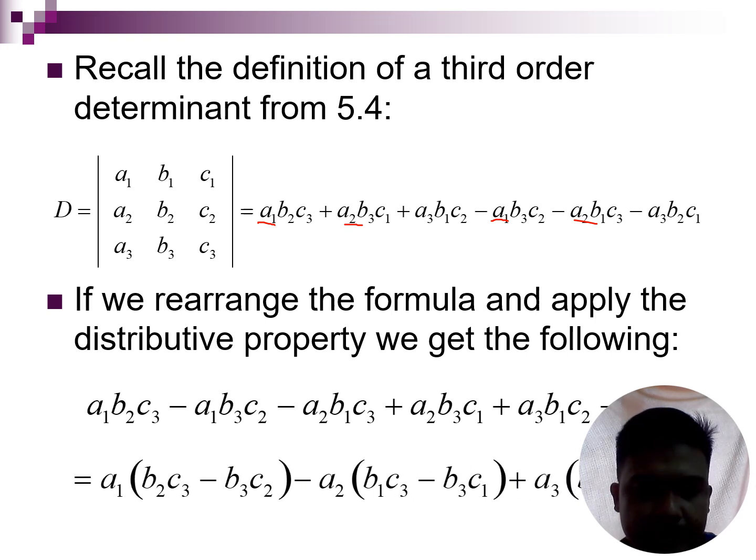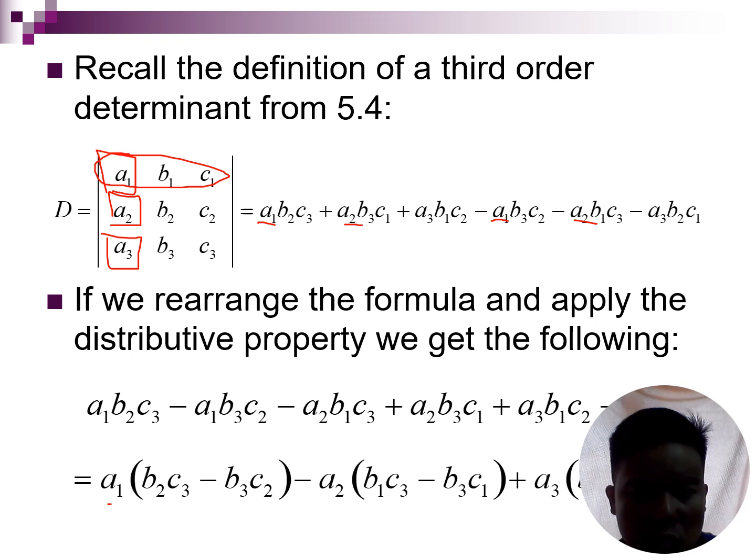Continuing, so we have here the A1, A2, as you can see, because this is his pivot element. So we have the A1, A2, A3. Once we cover that A1 there, a 2 by 2 matrix will be formed here, B2, C3, which is this one, and we have the C2, B3, just like that one.